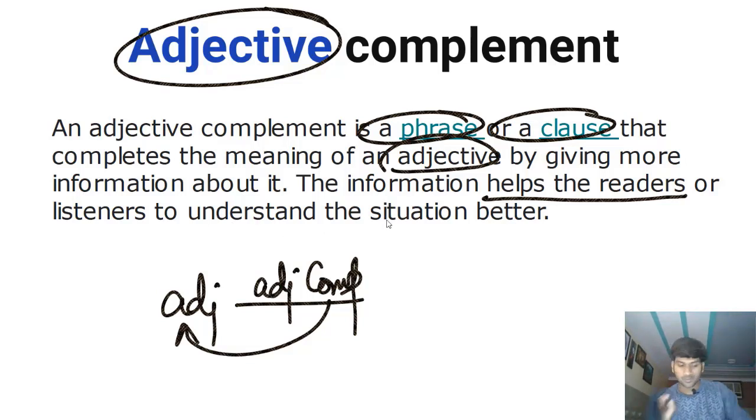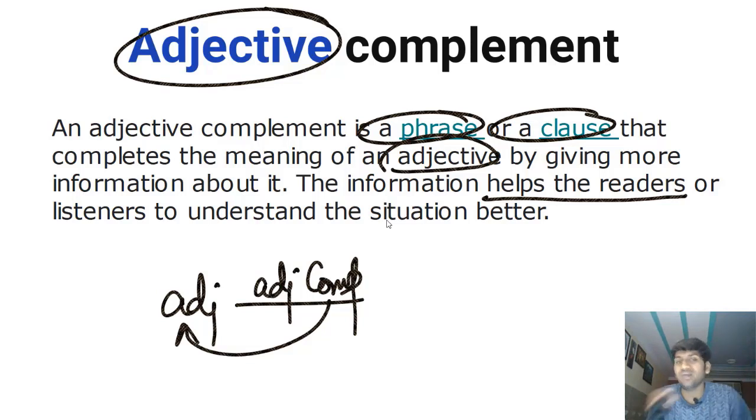Now, it is very important to know that without the adjective complement, the sentence is still grammatical. Taking an adjective complement out of the sentence does not make your sentence ungrammatical, right? It just makes it less informative. It just takes the context out of the sentence, and you do not know the state the subject is in.